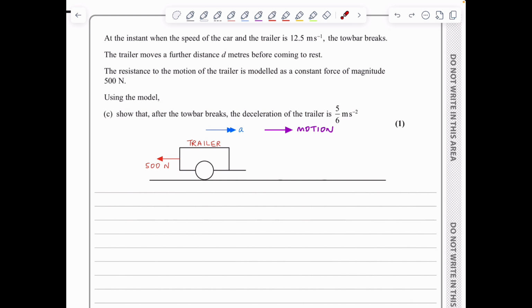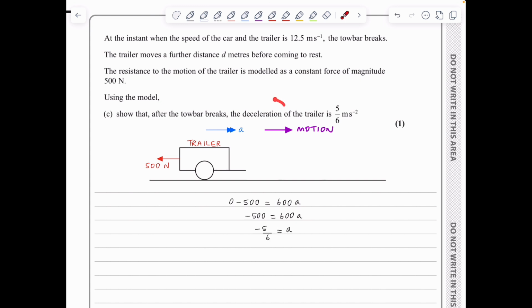We've got forces acting to the right, and we've got no force acting to the right, minus forces acting to the left, so 0 minus 500 being equal to the mass of 600 times the acceleration A. So we're looking at minus 500 being equal to 600A, which means that minus 5/6 is the acceleration.